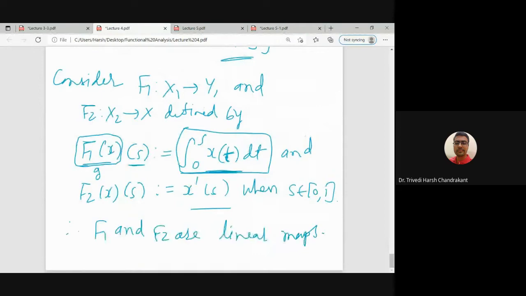Since this is Riemann integrable, the integral from 0 to x of the given function is a uniformly continuous function. Therefore g is continuous, so g belongs to y1.